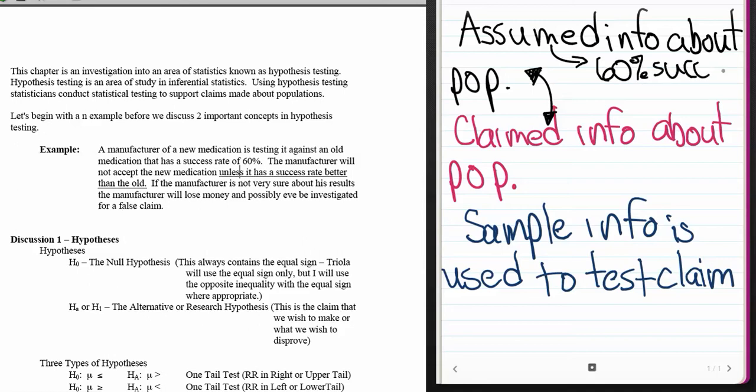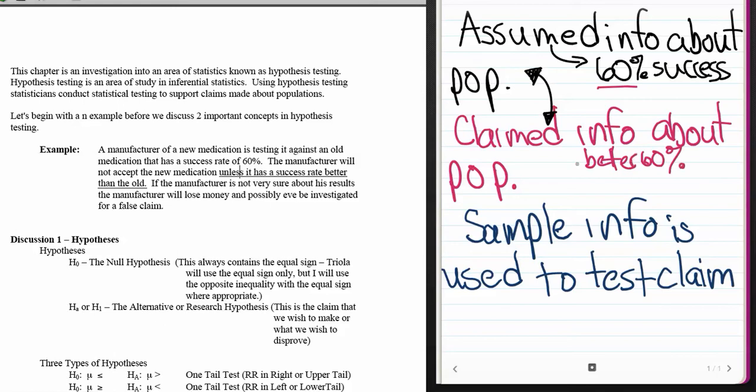And that is what we're going to be denying or making some information claim about in terms of a hypothesis that we'd like to make. The manufacturer will not accept a new medication unless its success rate is better than the old. So in other words, this is the old rate. We have to be better than that 60%.